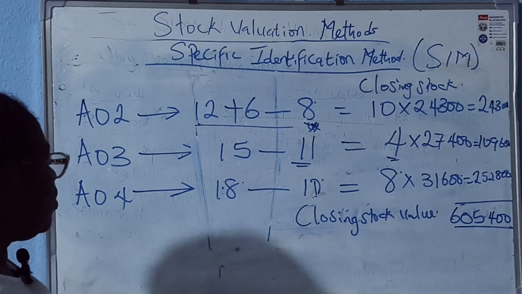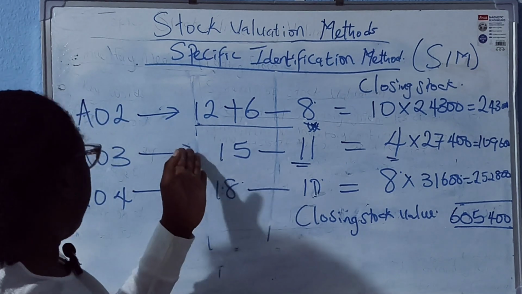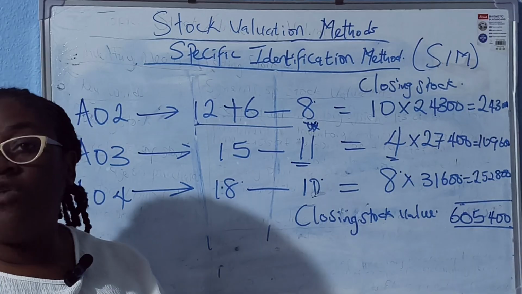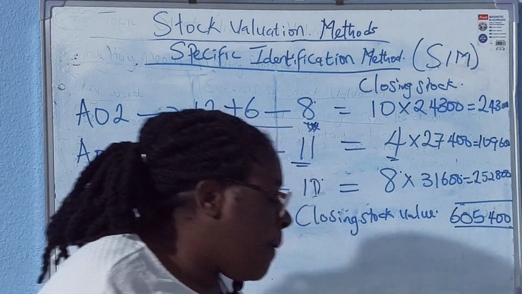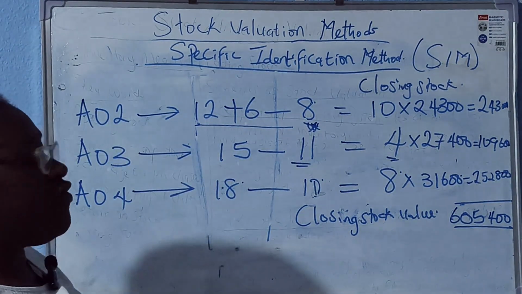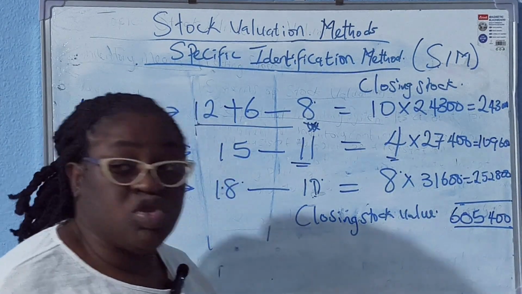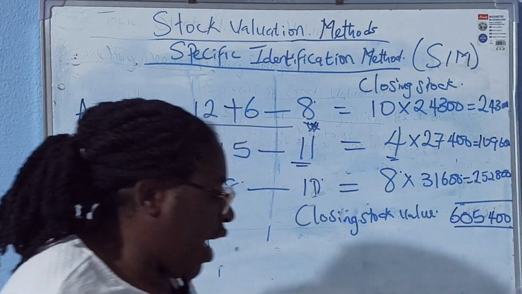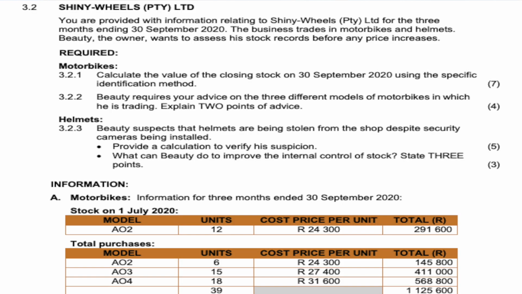AO4 motorbike also is good, but more of AO3 than AO4, and then the owner of the business should buy less of AO2 motorbike but should invest more on AO3. All right. Now we have another question on the helmets.